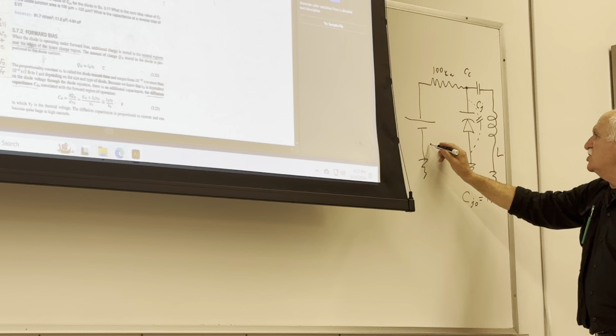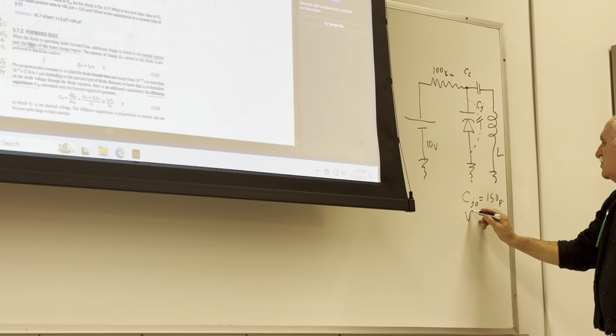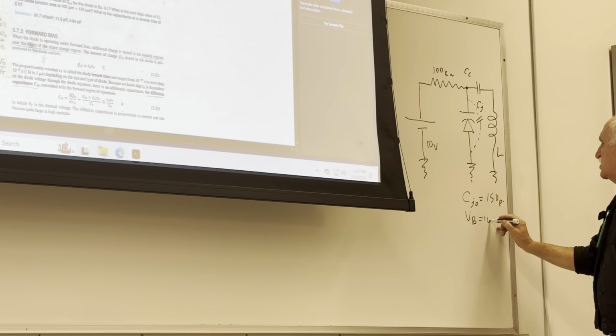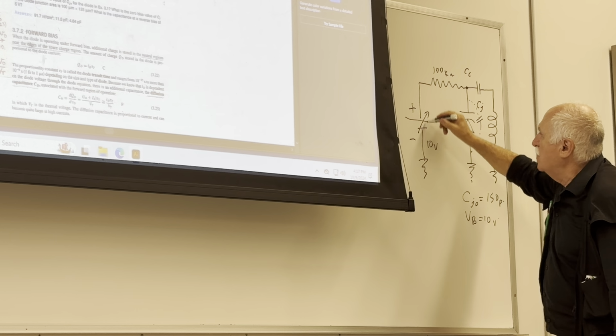This battery is, say, 10 volt. Vb is equal to 10 volt, and it is variable, it can be changed.